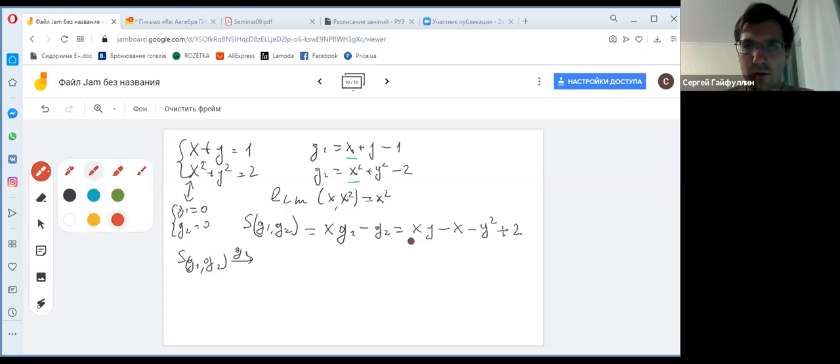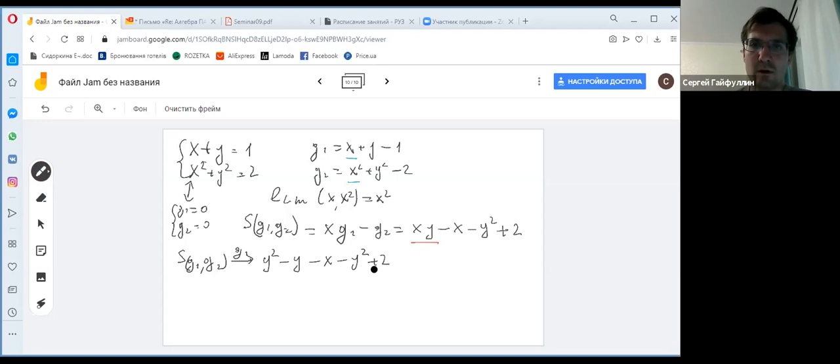Just for example, this one. Then I say that this can be reduced to y squared minus y minus x minus y squared plus 2.